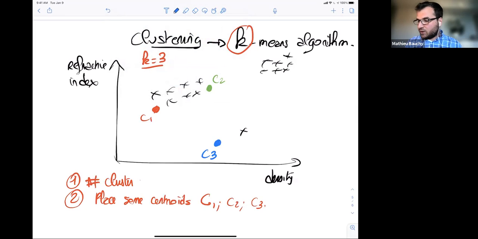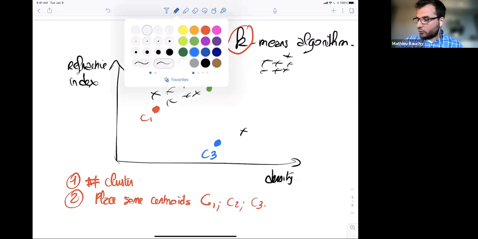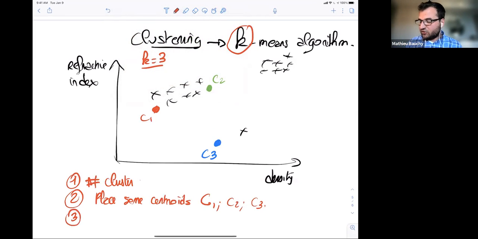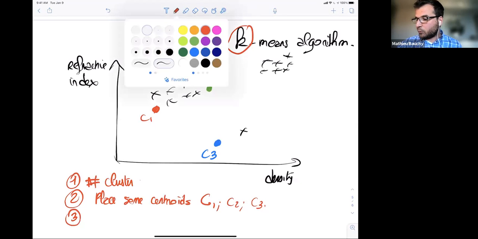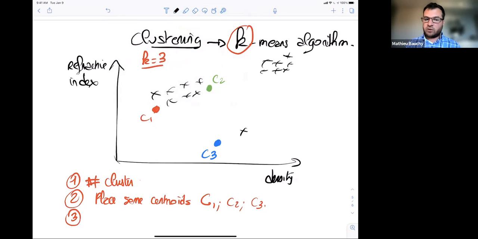The next step is that you are going to assign each data point that you have to a centroid. The way you're going to do that is very simple. For each data point, you are going to look at the distance between the data point and all the centroids, and you take the centroid that is the closest.